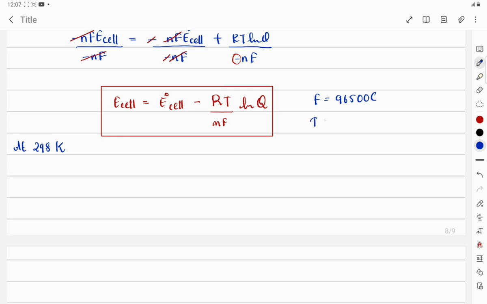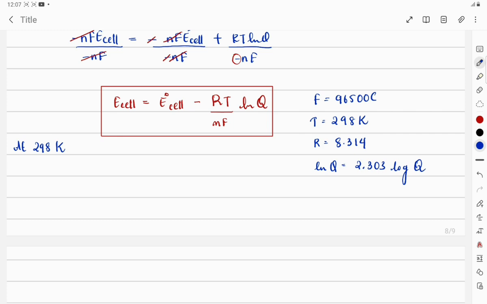R we know the value, it is 8.314. And one more change I'm going to introduce is, I know ln Q is equal to 2.303 log Q. We have learned this in thermodynamics, the relationship between logarithms to the base e and to the base 10.